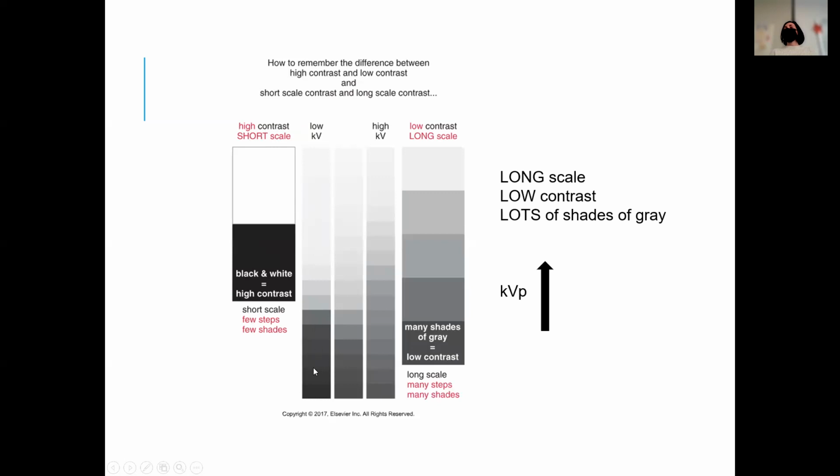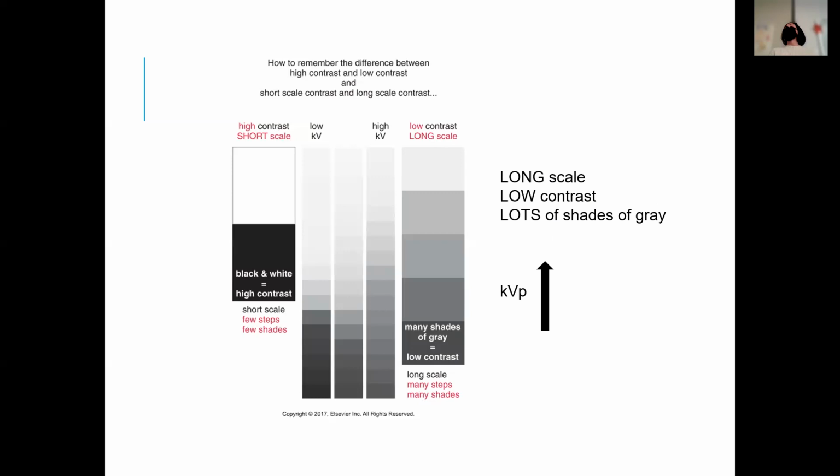You can see there's just a lot of darker and a lot of light, but not so much in the middle. And then as we get a higher KVP, we get a low contrast, a long scale, lots of variations, many steps, many shades. So here's the little phrase to help you remember: long scale, low contrast, lots of shades of gray with high KVP.